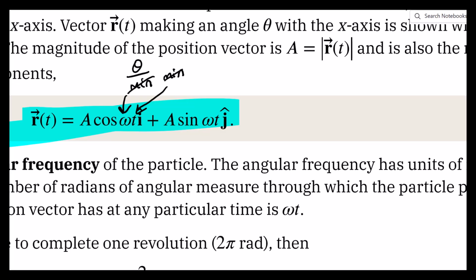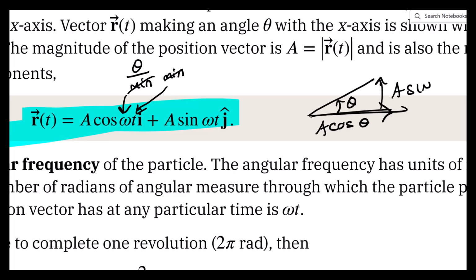Then the minutes cancel out, and so that's really just a cosine theta. And this would be a sine theta. So remember, if we measure from the positive x-axis going positively, the x component is cosine and the y component is sine theta.